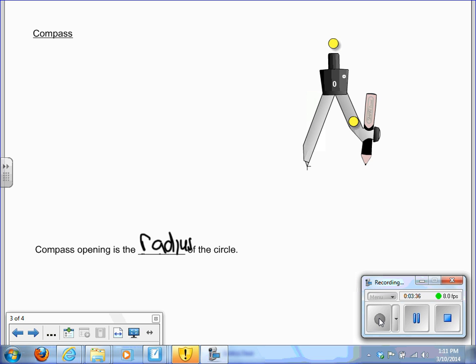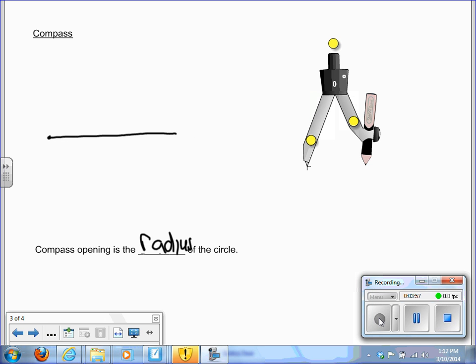And what I want you to do is when you're creating a circle, I want you to start by making the radius. Okay? So if we were going to make a radius, you're going to use your ruler, and I want you to make a line that's 2 inches long.